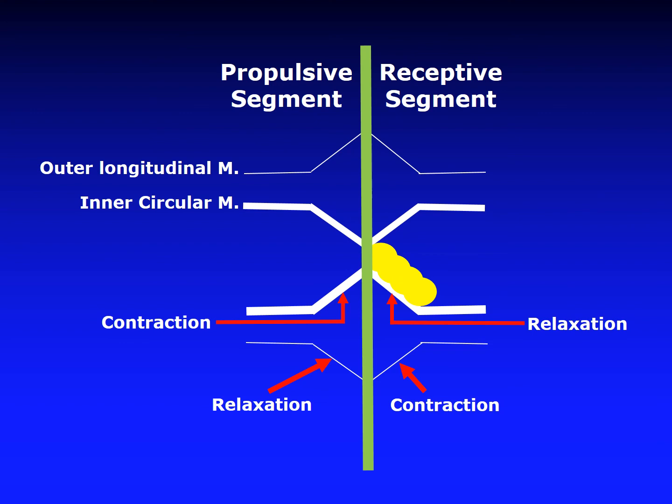When you think about how these two muscle layers work, you should think about milking something from a tube, like toothpaste, for example, or if you've seen the method by which people make sausage.